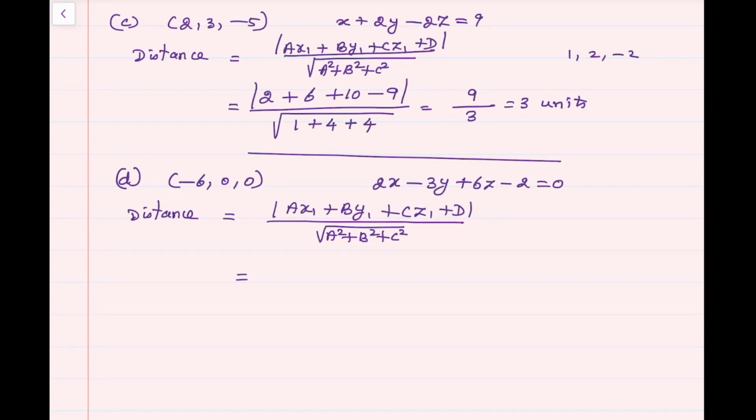So 2 times minus 6, minus 12, y is 0, z is 0, constant term is minus 2. And we have the absolute value sign because distance has to be positive, divided by the DRs of normal, the coefficients of x, y, z, which are 2, minus 3 and 6.